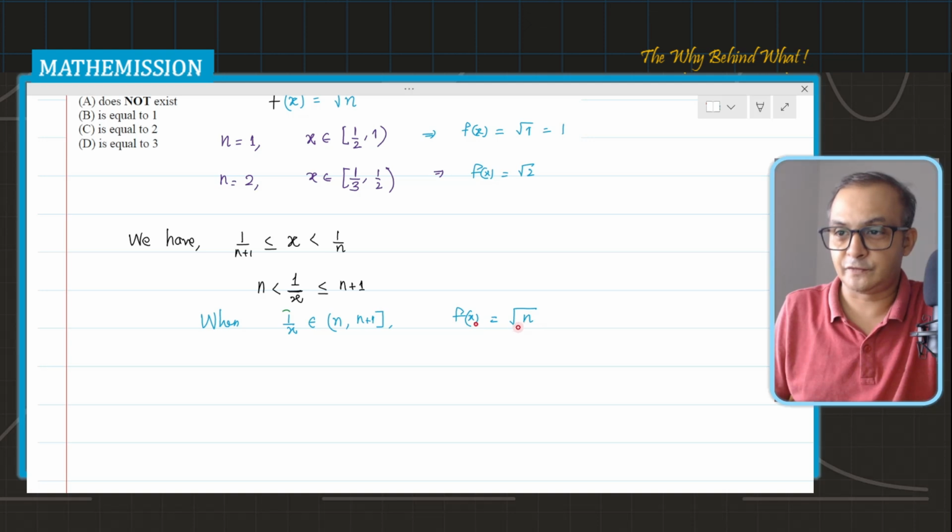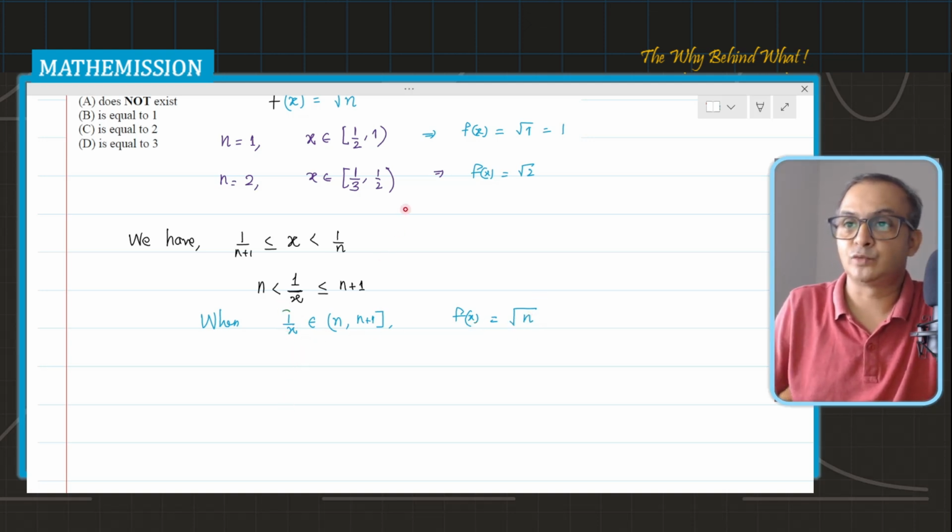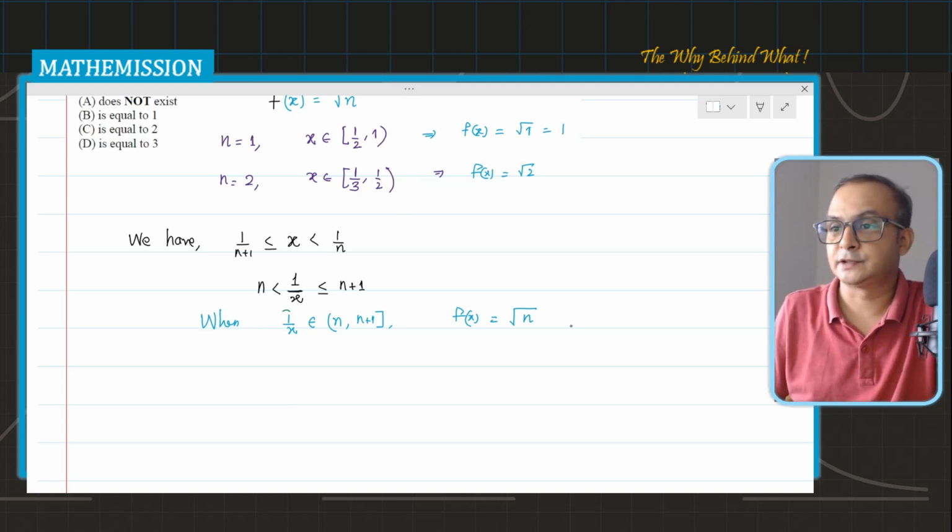That means the function is defined at the root of the greatest integer of 1 by x, provided one thing, that 1 by x is not an integer.